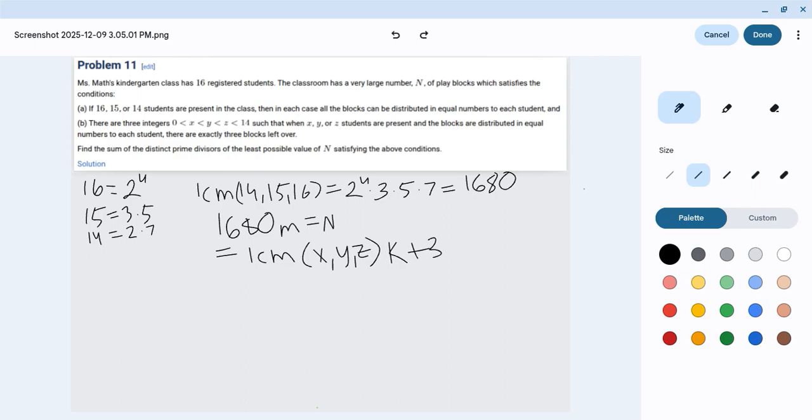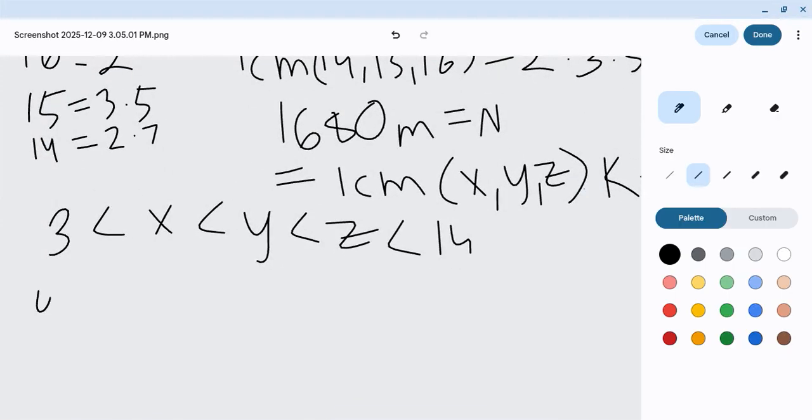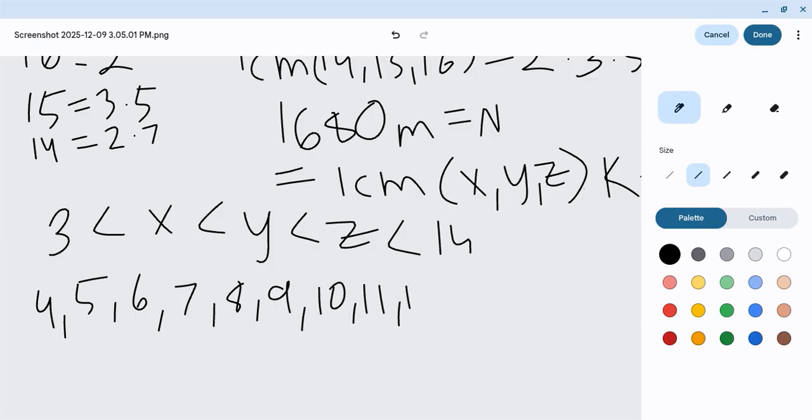So we can restrict our range further to 3 is less than x, which is less than y, which is less than z, which is less than 14. Listing out all the possible integers within this, we have 4, 5, 6, 7, 8, 9, 10, 11, 12, 13.